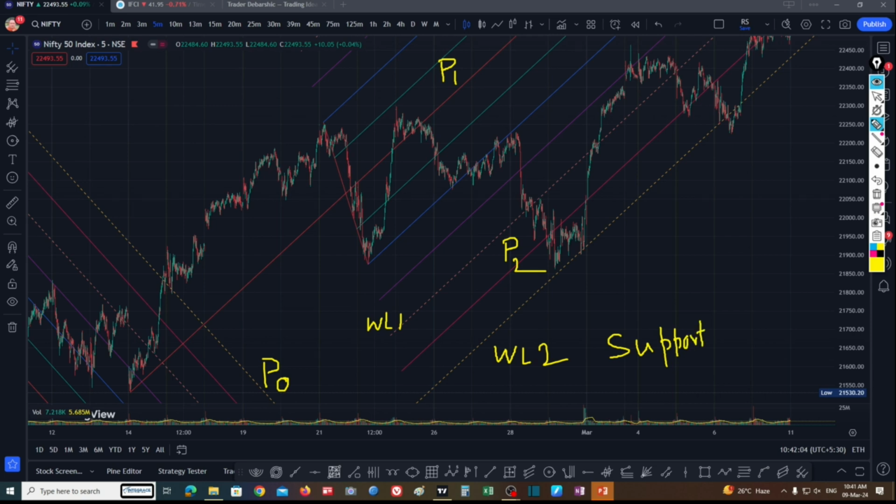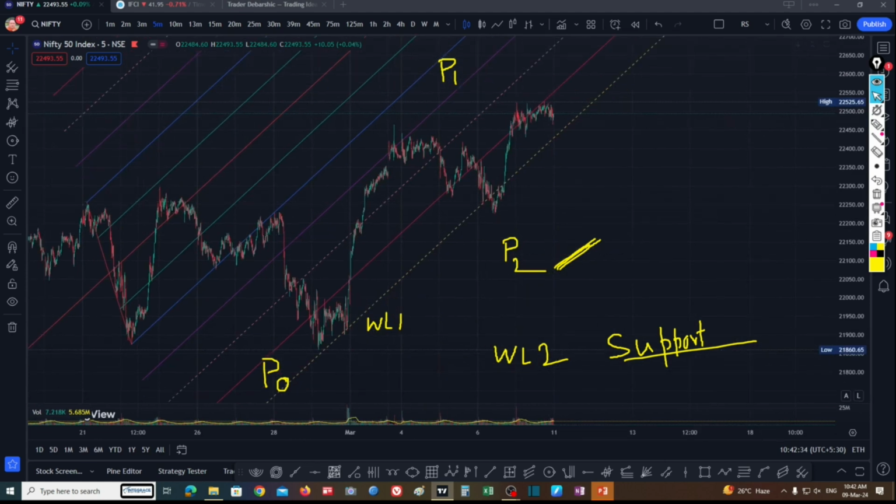My handwriting is very good. So these are the support areas. So finally it took support over here and once again bounced back. But bouncing back, it will not reach that level, the median line.